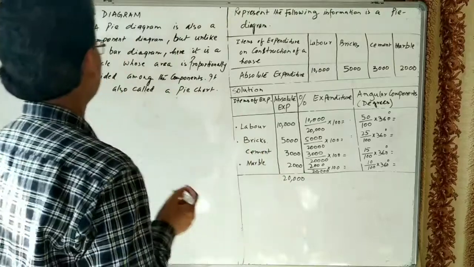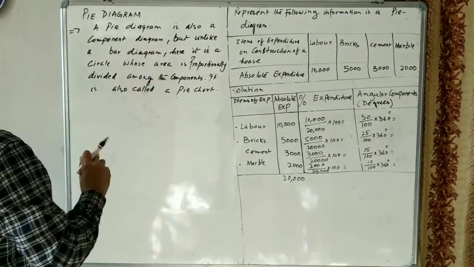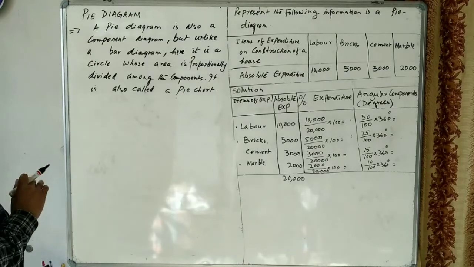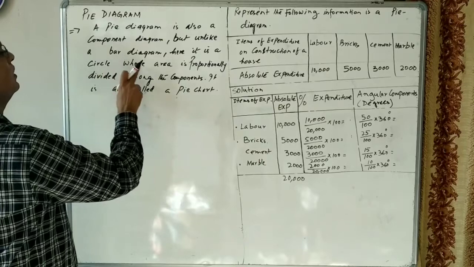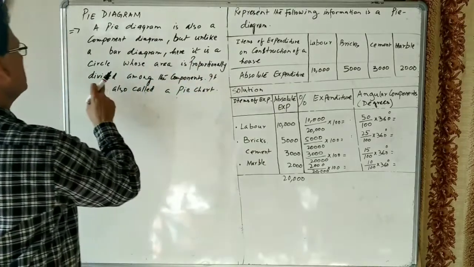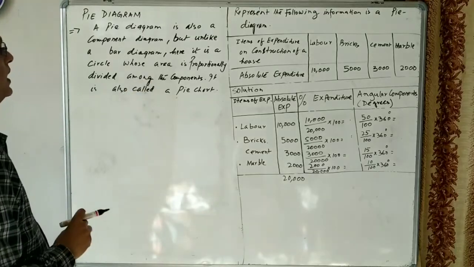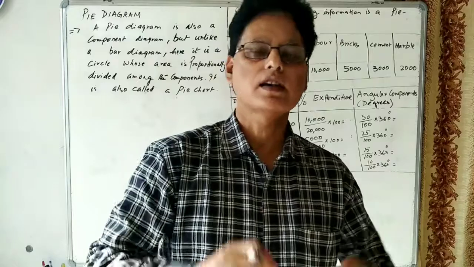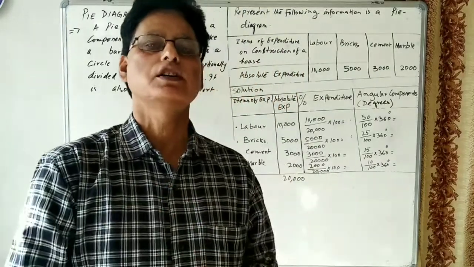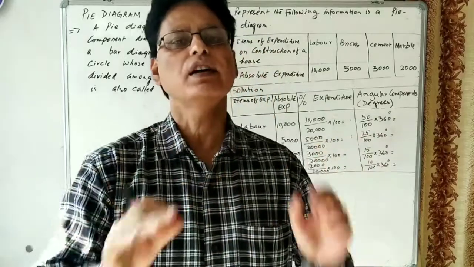So here I have already written the definition of pie diagram. A pie diagram is a component diagram, but unlike a bar diagram, here it is a circle whose area is proportionally divided among the components. It is also called a pie diagram. It means the area of a circle is proportionally divided into various components.